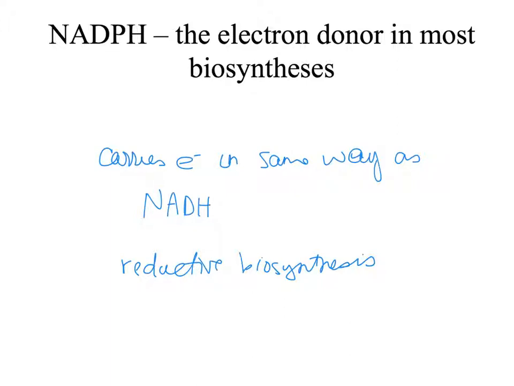And the NADPH version has that extra phosphoryl group, like we talked about when we were looking at the structure. That extra phosphoryl group is a tag that helps us distinguish between the high potential electrons that are used in anabolic pathways versus those that are used in catabolic pathways.